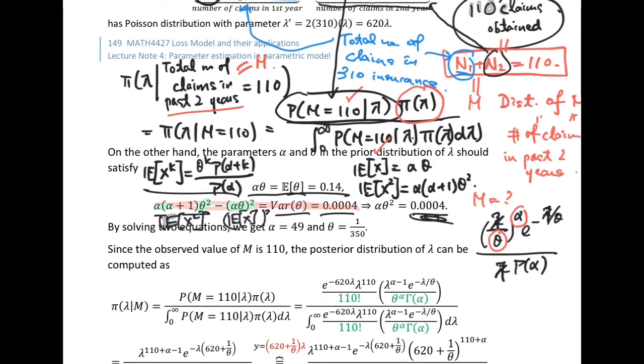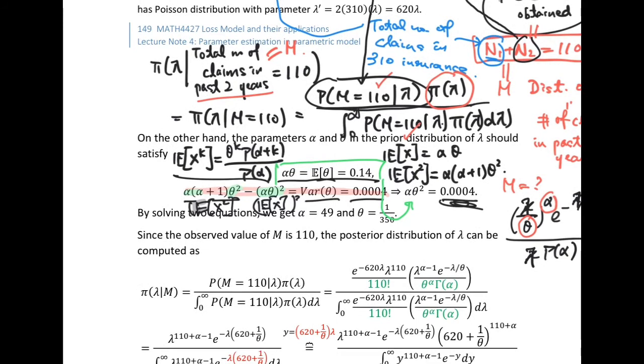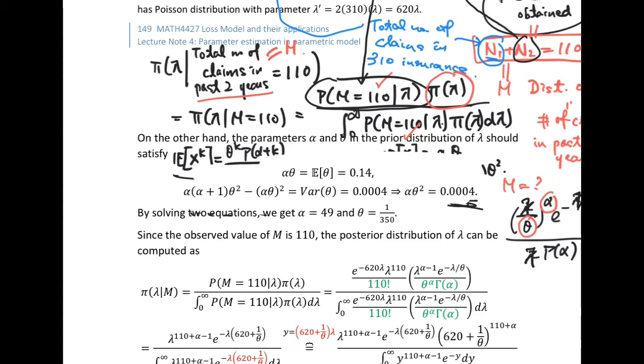Now to solve these two equations, you substitute the first equation into the second one. This is what you get: alpha theta squared equals 0.0004, and you take out alpha theta, which equals 0.14.